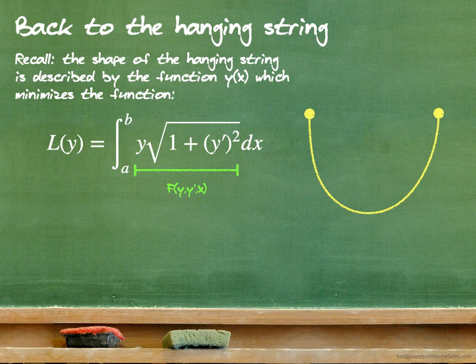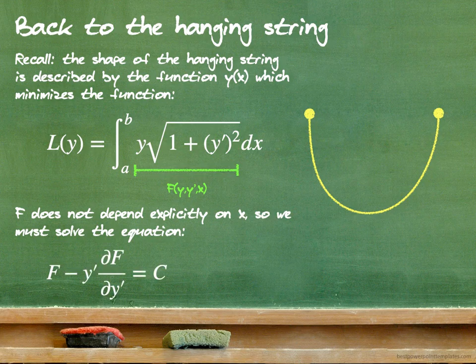So this is in the form of the calculus of variations problem that we posed in the last section, where the function f of y, y prime, and x is given by the y times the square root of 1 plus y prime squared term. You'll note that this doesn't explicitly depend on x, so we can just solve the alternative formulation of the Euler-Lagrange equations that we presented in the last slide.